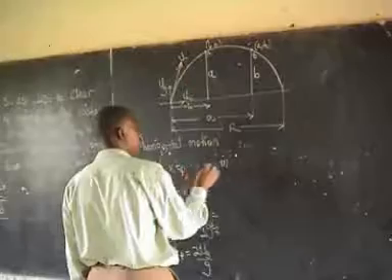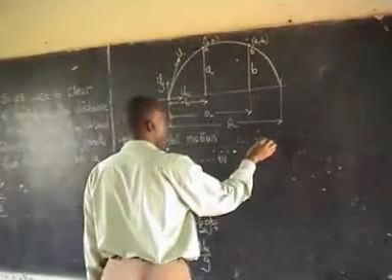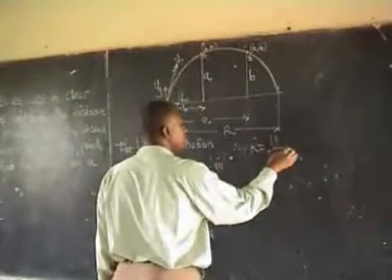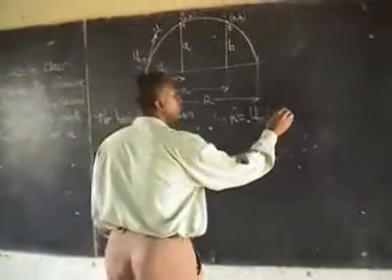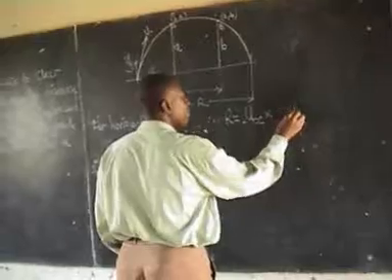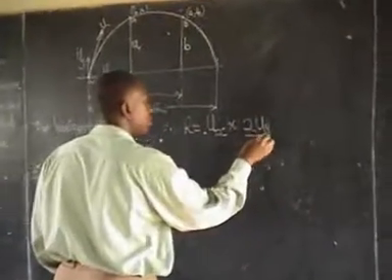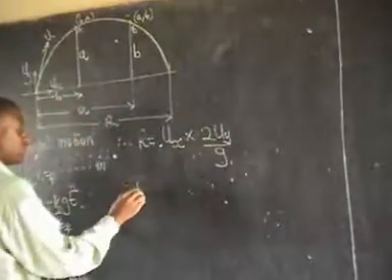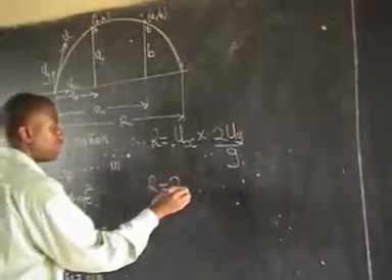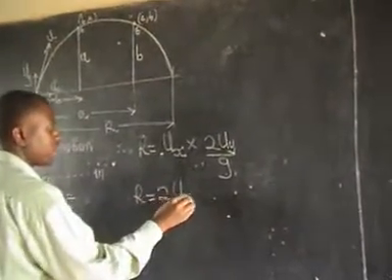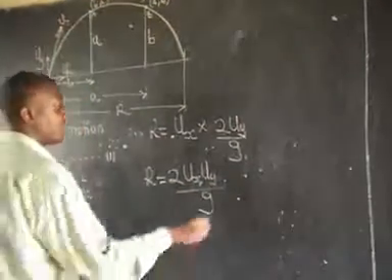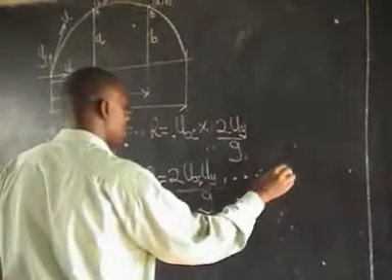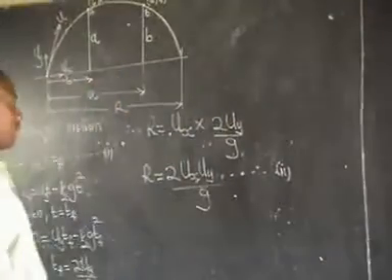Therefore, my range R is equal to ux times TF, which is 2 uy divided by g. So R is actually equal to twice ux uy divided by g. I can call this my second equation.